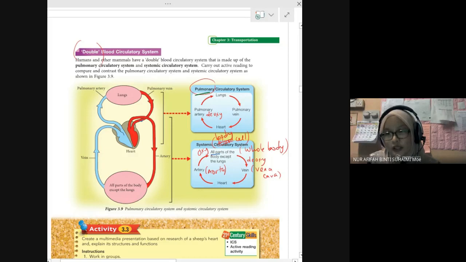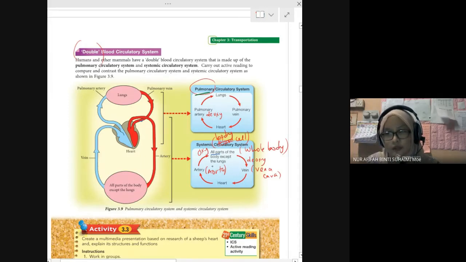That is oxygenated blood, containing more oxygen. Once it reaches every part of your body, it diffuses the oxygen to the body cell. The body cell takes oxygen and diffuses carbon dioxide, replacing the oxygen in the red blood cell. So from the whole body back to the heart through the vena cava, it brings the deoxygenated blood.